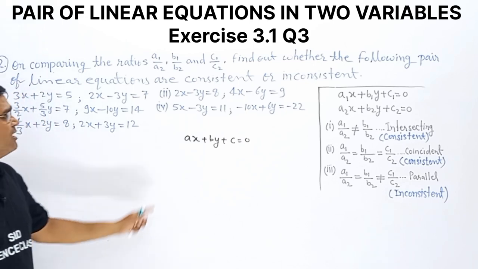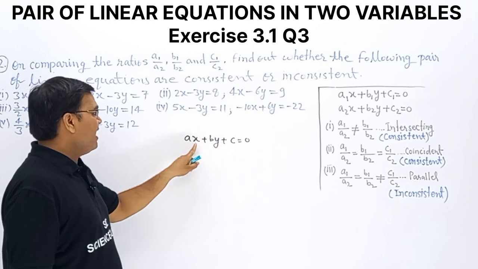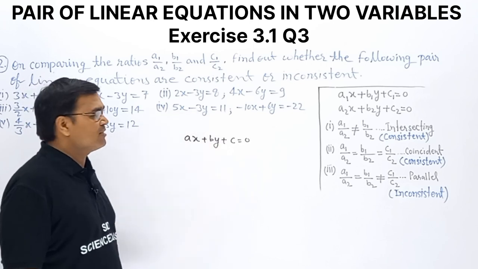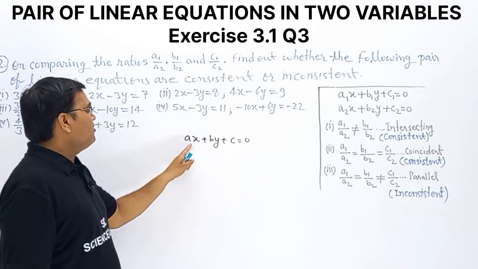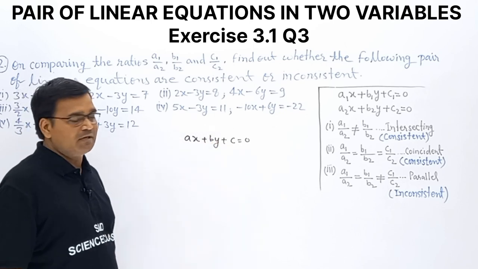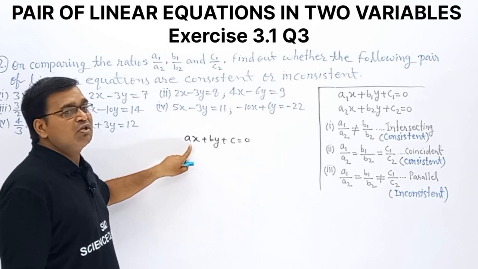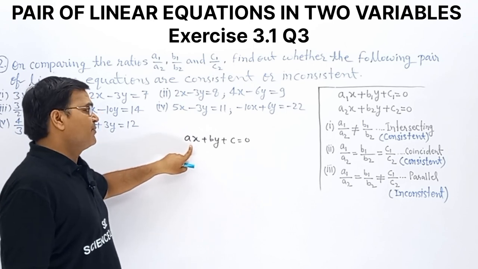This is a linear equation of two variables. x and y are the two variables, a is the coefficient of x, b is the coefficient of y, and c is the constant term. So this is a linear equation in two variables.